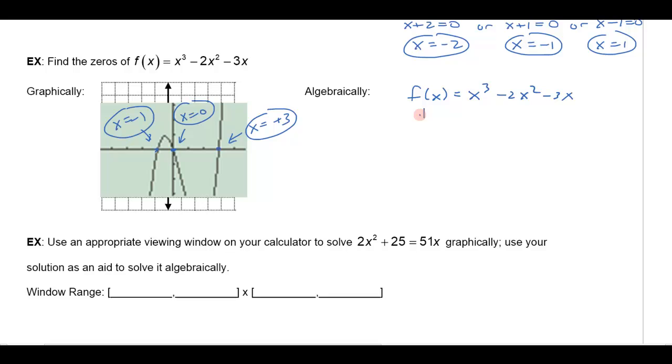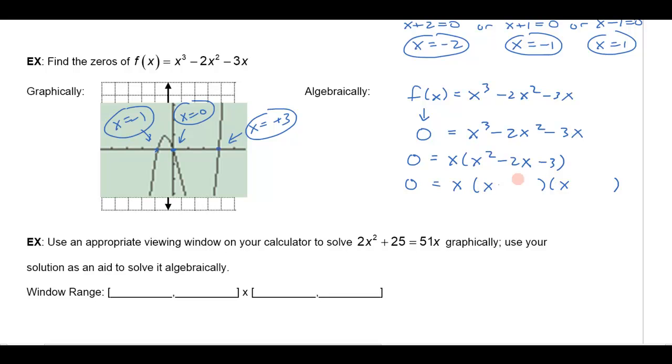And if I'm looking for the zeros, I want to know where that output y value is 0. Okay, so then I just have to solve this. I can do that by first factoring out an x. And then I can factor this remaining trinomial by breaking it into two binomials.